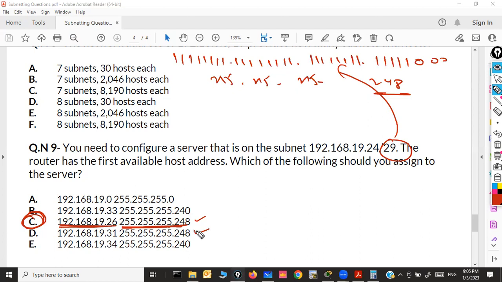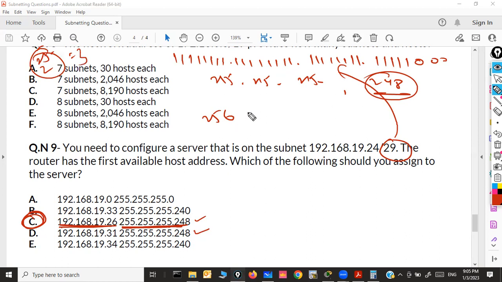But since here in 248 there are two options, we need to find out the IP address. In order to compute the IP, we will have to do computation. The number of subnets would be 2 raised to the power 5, so 32 subnets.